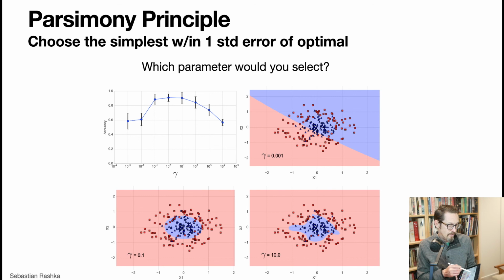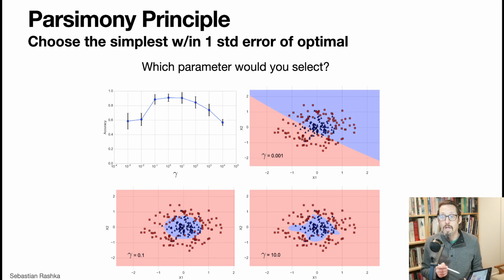In the case where there's no clear winner, even though this number is higher, do we really want to use the gamma equal to 100? Well, if there is no clear difference among these, maybe you should pick the one which is the simplest. Which decision boundary looks best to you? All three of these are within standard error of each other. No, my bad. This one is not. This one's worse. But these two are within a standard error of each other quite easily.